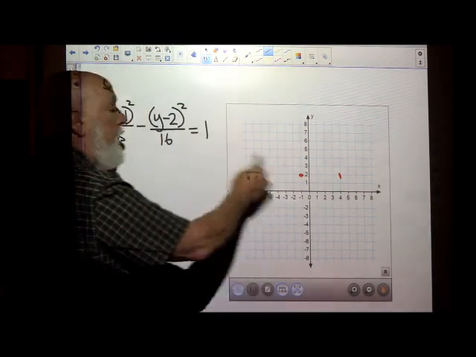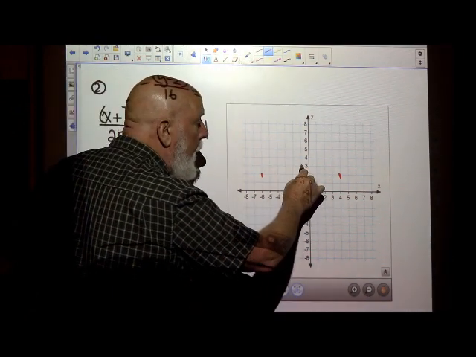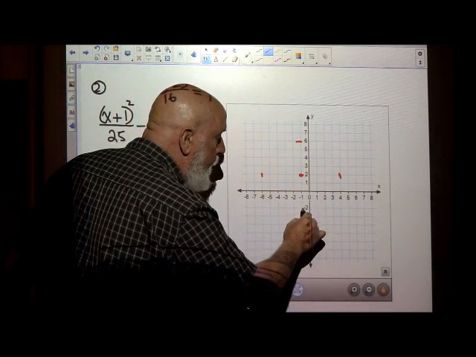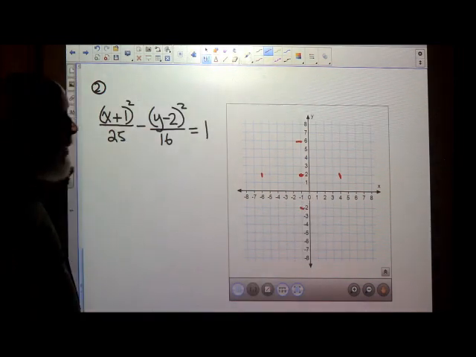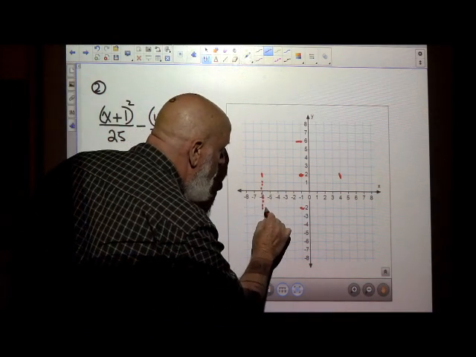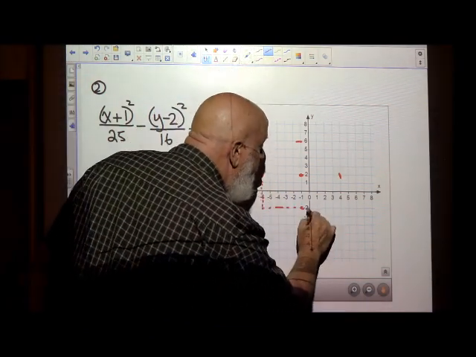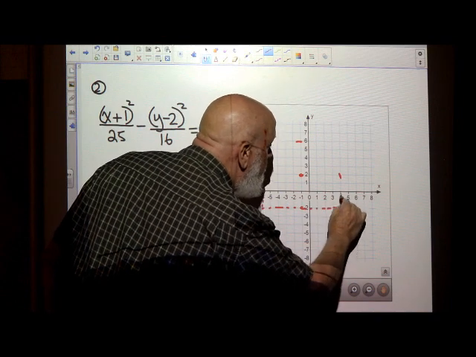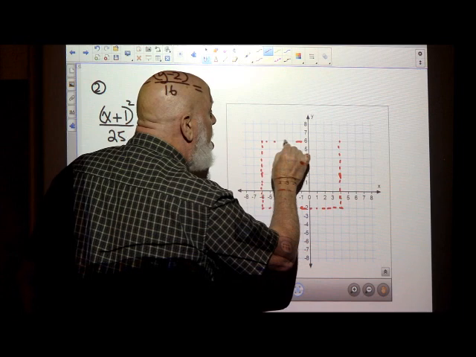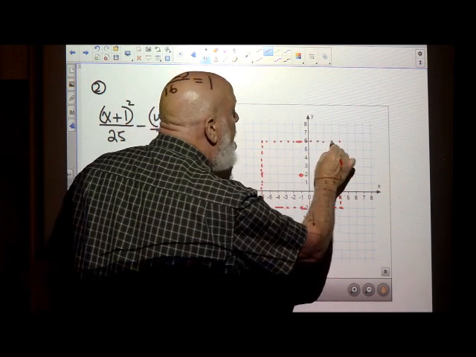Square root of 16 is 4. So from the center, go up 4 and down 4. Then I draw my little reference rectangle. And we dot it because it's not actually part of the graph, it's just for reference.